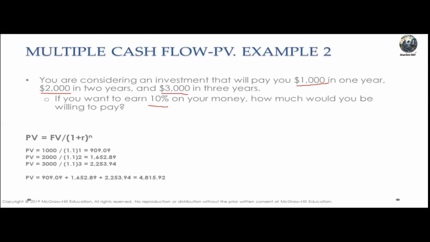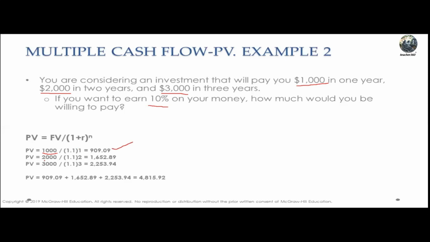According to the formula, at year 1, you'll receive $1,000 divided by 1 plus 10% interest, which is 1.1 to the power 1, since we are calculating the present value of the year 1 future value. So here present value is 909.09.